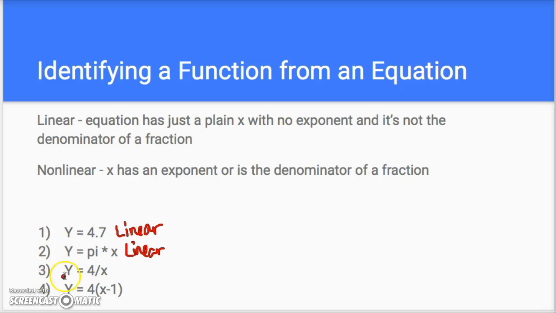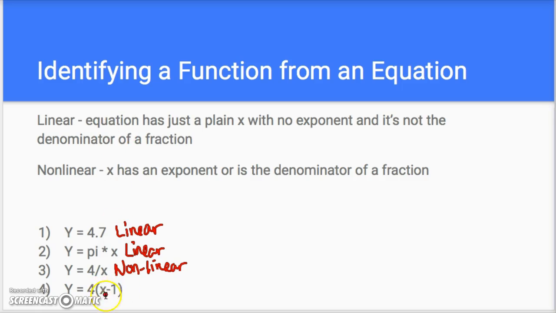Number 3, y equals 4 over x. Now, the x does not have an exponent, but it is the denominator of a fraction, the bottom number in a fraction. So because of that, this one is nonlinear. And then number 4, we have y equals 4 times the quantity x minus 1.